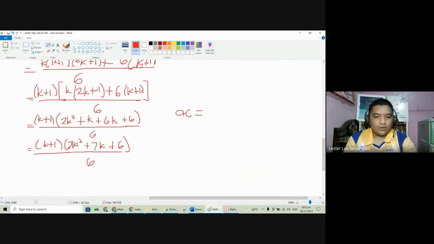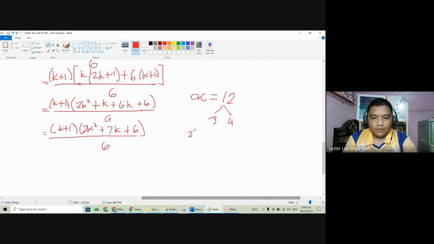You will have 2 times 6, which is 12. Again, factors of 12 that could actually add up to 7 are 3 and 4. So you will have here 2k plus 3, the easy method, 2k plus 4. We could simplify this because 2k times 2k is not 2k squared, that's 4k squared. Let's divide by 2. So your factors are 2k plus 3 and k plus 2. These are the factors for this.